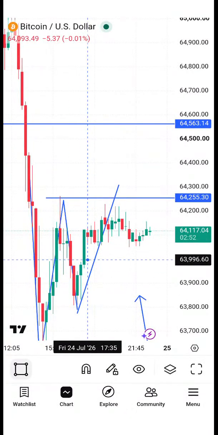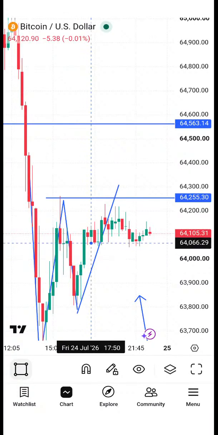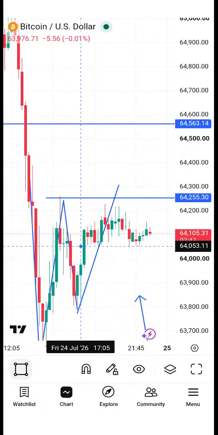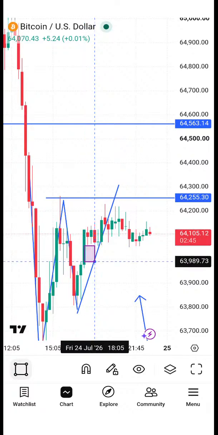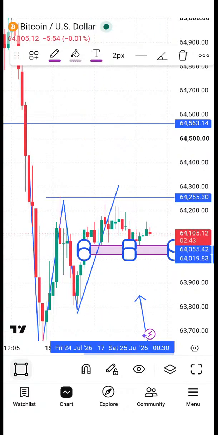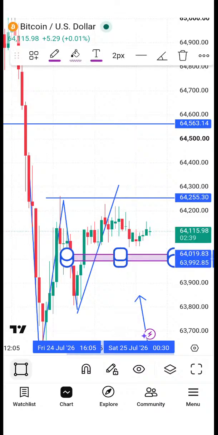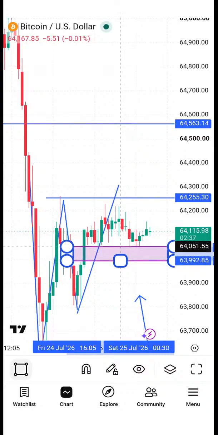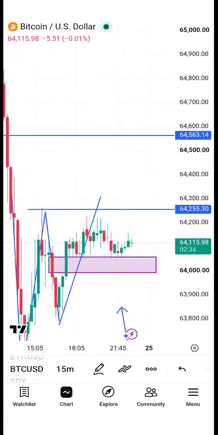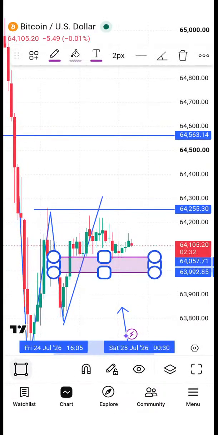You can see here there is a fair value gap here. We have a fair value gap. We're having a fair value gap there.